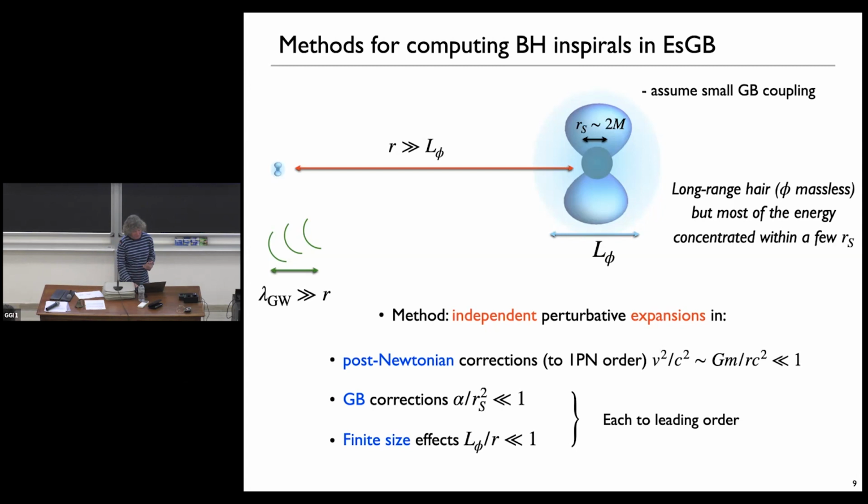So far, no numbers have been put in. It's all still quite generic in terms of general coupling functions, except we make the approximation here that alpha divided by the Schwarzschild radius squared is smaller than 1, so that we can make a perturbative approximation in it.